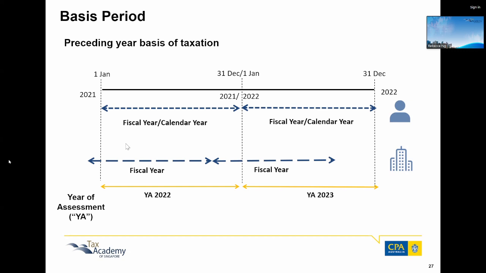And for companies, we will be looking at the last day of the accounting period. So if the last day of the accounting period falls within 1st January to 31st December 2021, it will be assessed in YA 2022. Now we look at the following year. It will fall within 1st January 2022 to 31st December 2022. So we add one more year, and the year of assessment is YA 2023.